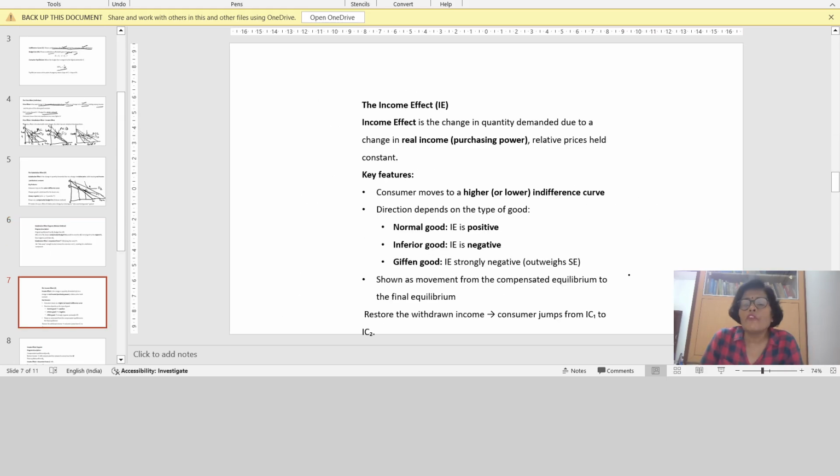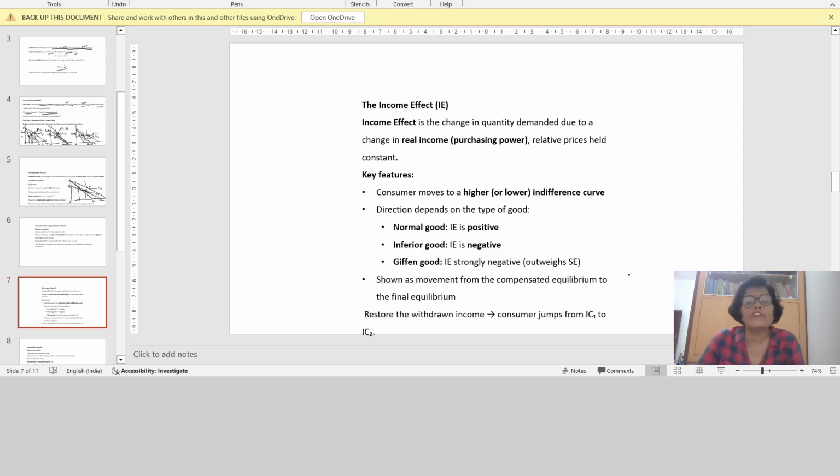Substitution effect diagram I have already taught you. Now the income effect. Income effect is the change in quantity demanded due to change in real income, means change in purchasing power, with relative prices held constant. The main feature of the income effect is that the consumer moves to a higher or lower indifference curve. Whenever the income increases, the consumer moves from a lower indifference curve to a higher indifference curve, and the direction depends on the type of good.